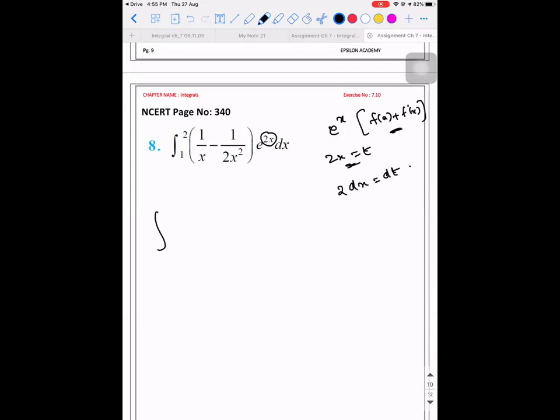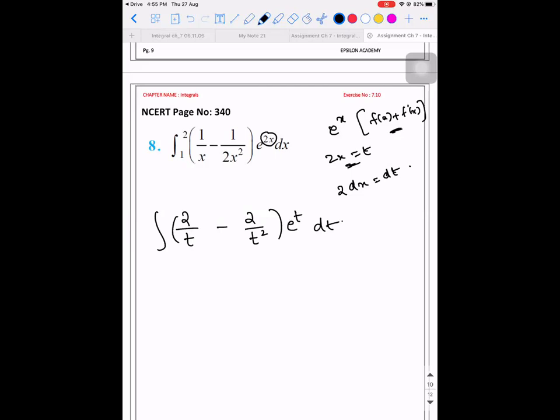So integral of 2 by t minus 1 by 2. In the place of x, what can I write? I can write it as t by 2. So it will become 2 by t minus 2 by t square into e power t dt.